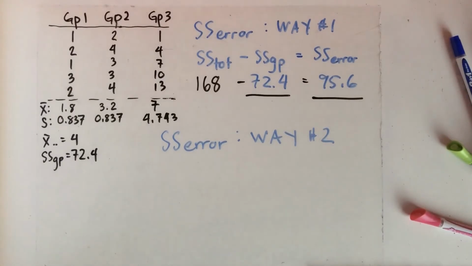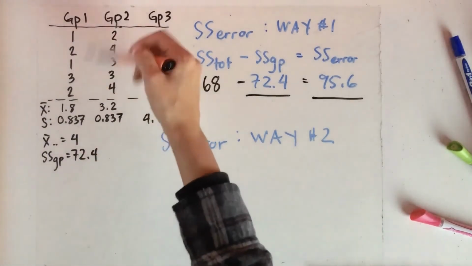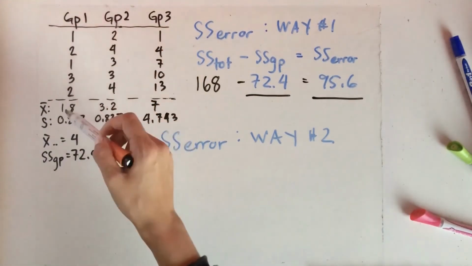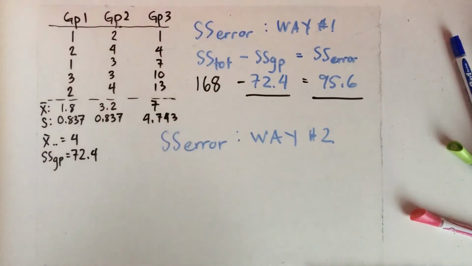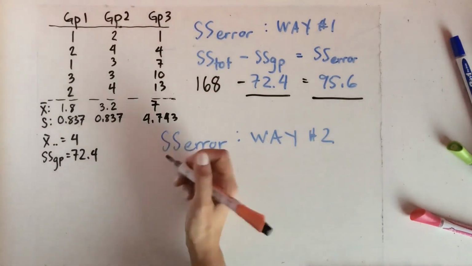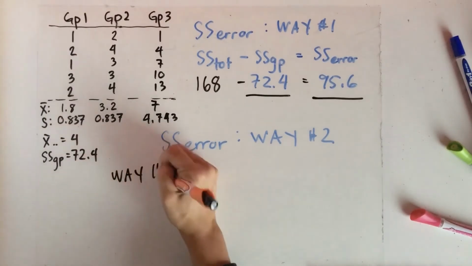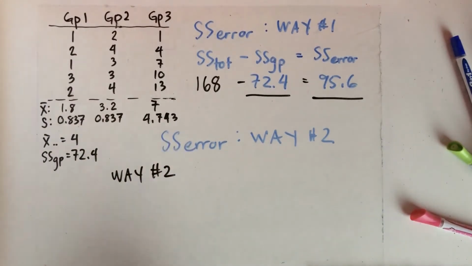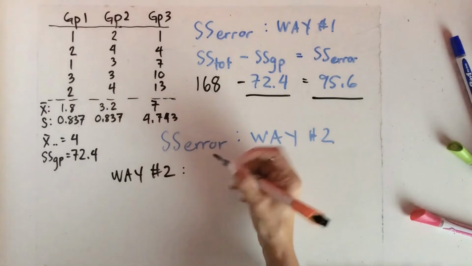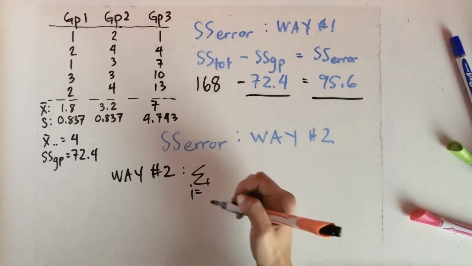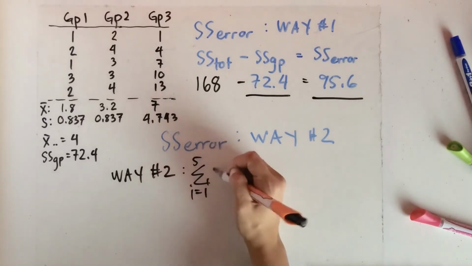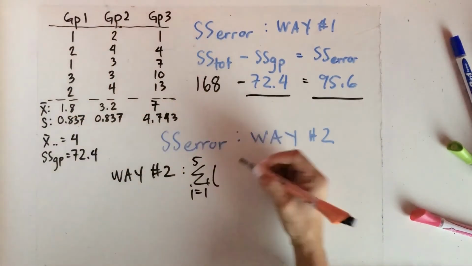So way number 2 is kind of the direct formula for SS error, which assesses how much these observations are moving around within group 1 and these observations within group 2 and so on. We are going to compute the sum of squares associated with deviations from this mean.